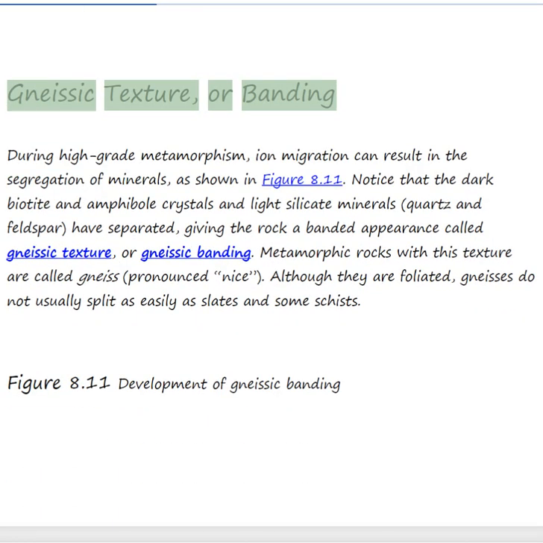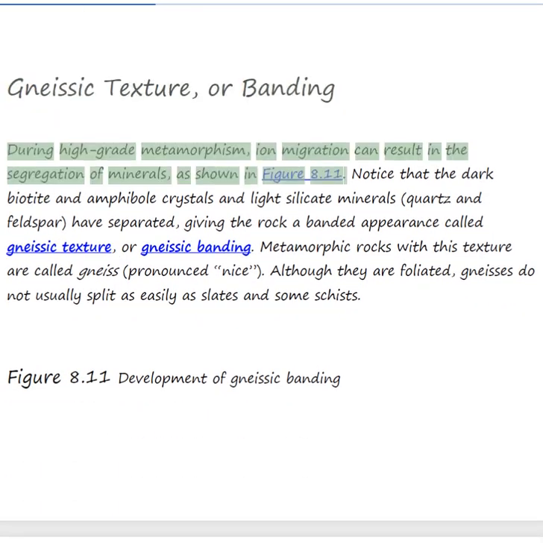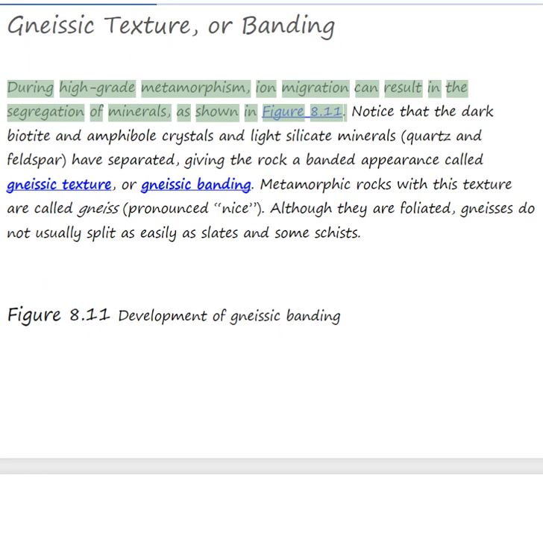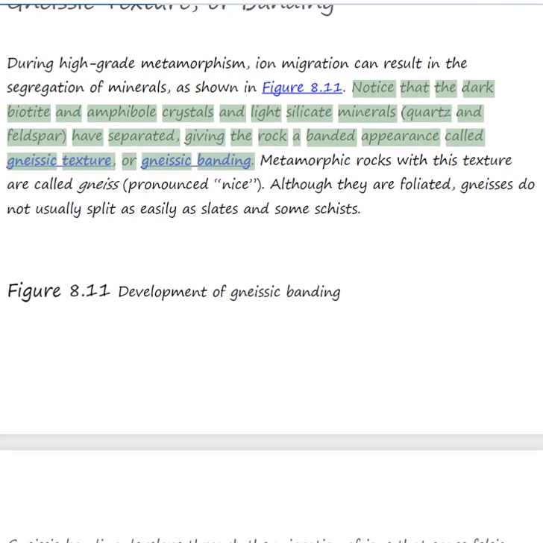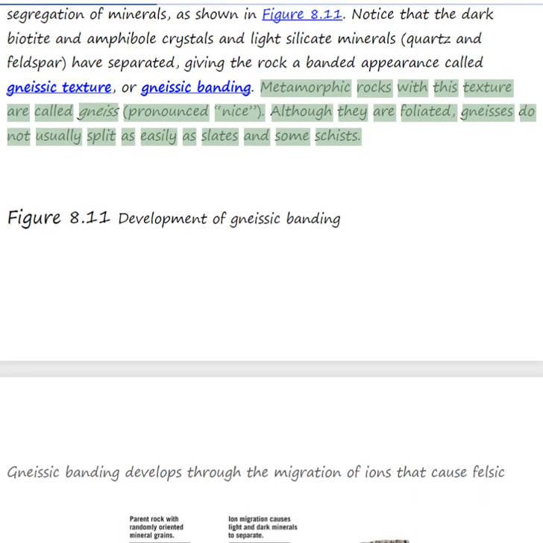Gneissic texture, or banding. During high-grade metamorphism, ion migration can result in the segregation of minerals, as shown in Figure 8.11. Notice that the dark biotite and amphibole crystals and light silicate minerals have separated, giving the rock a banded appearance called gneissic texture, or gneissic banding. Metamorphic rocks with this texture are called gneiss.